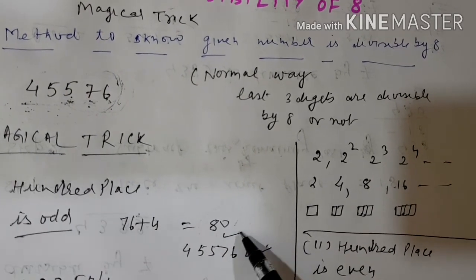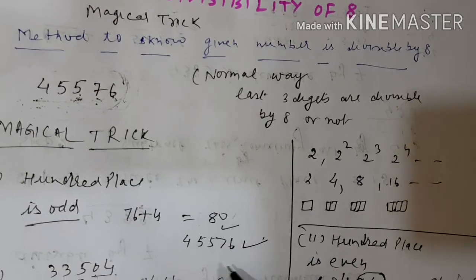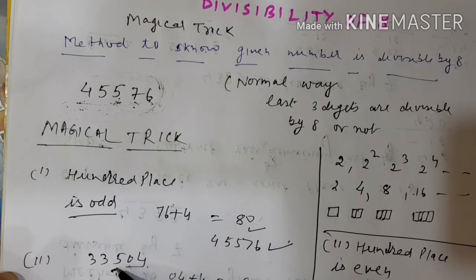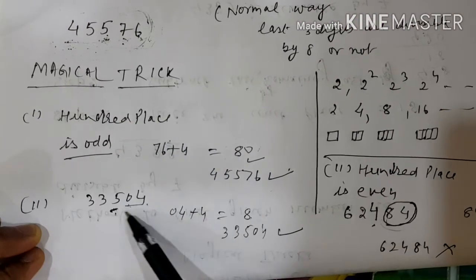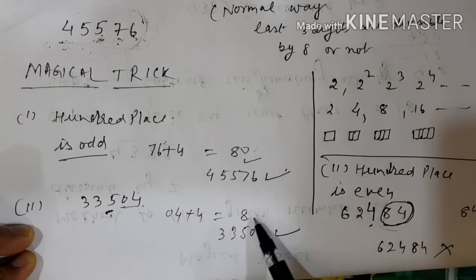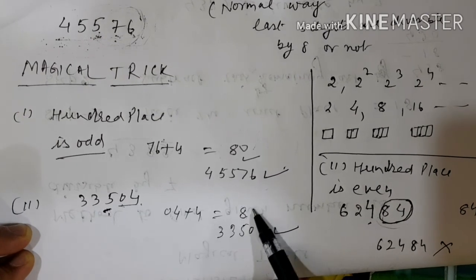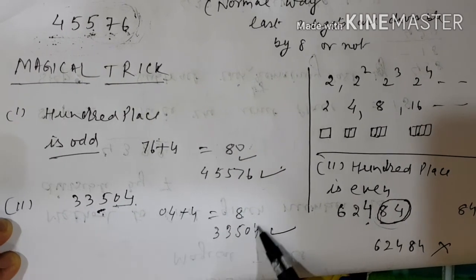It comes in the table of 8. It means the given number is also divisible by 8. Similarly, if the hundreds place is odd, you first add 4 to the remaining part, and if it comes in the table of 8, it means the number is divisible by 8.